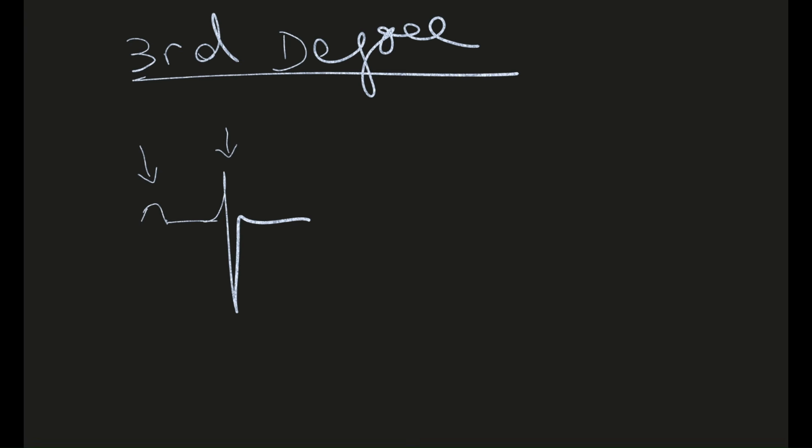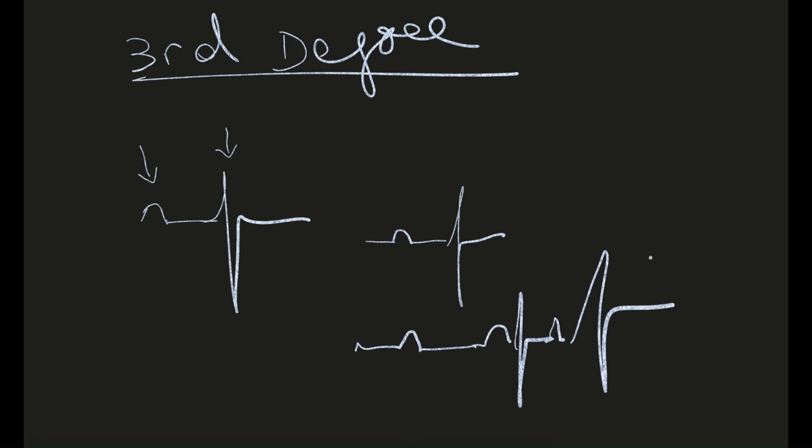A P wave is not strictly followed by a QRS complex. Sometimes there is a P wave, then there might be another P wave. Soon after that, there is a QRS complex. Soon after, there is a P wave, QRS complex.